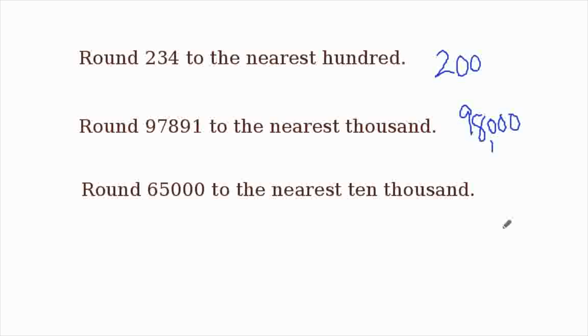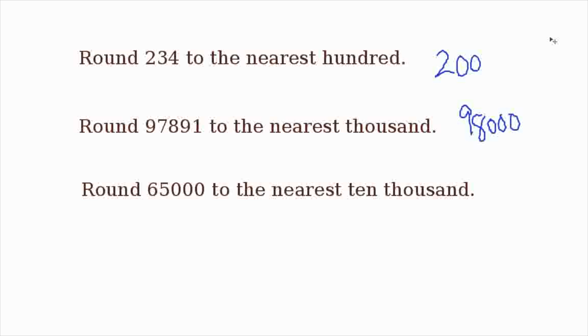However, let me quickly say that when you enter big numbers in the homework site, you don't want to use commas. All right, commas will cause trouble. So the last one, 65,000 to the nearest 10,000. The choices there are 60,000 and 70,000. And you can see that we have the same issue with rounding that I was talking about, right?